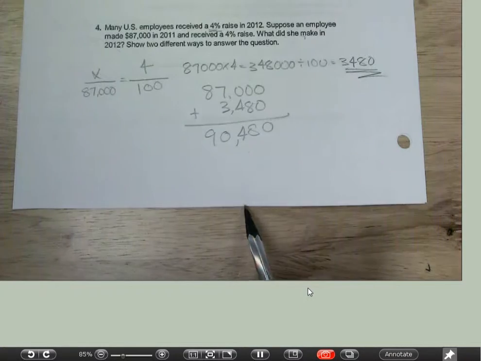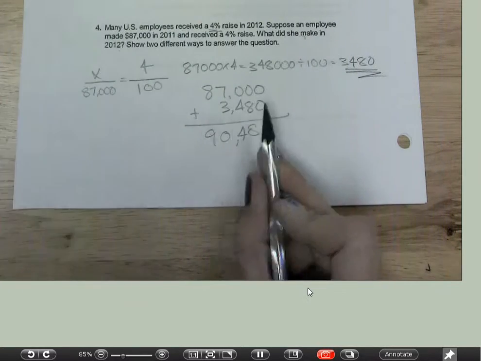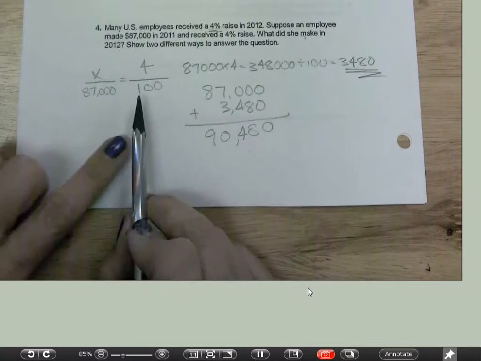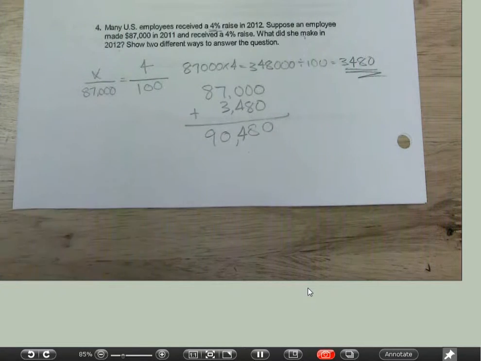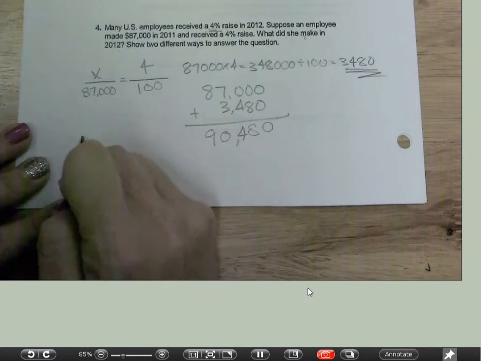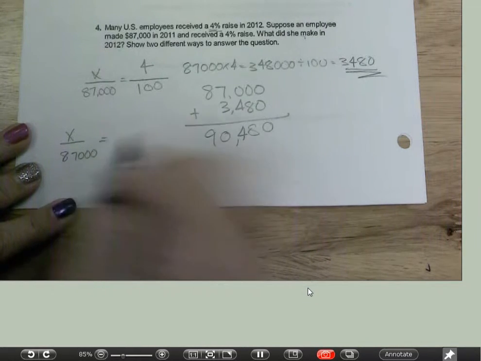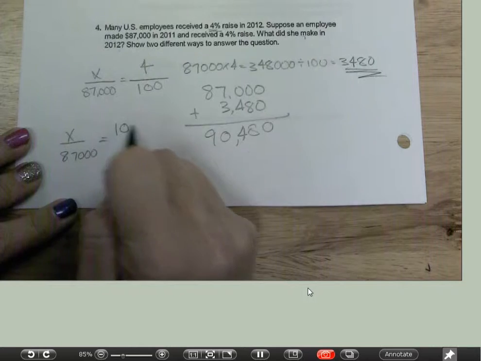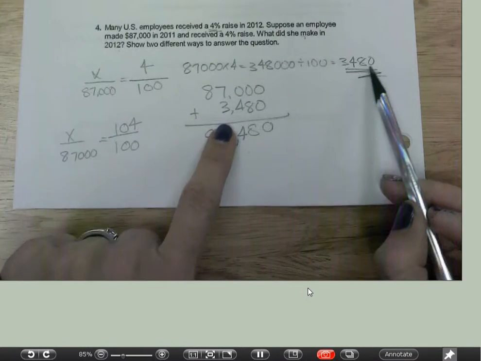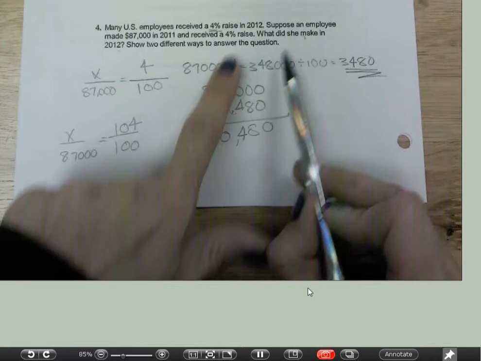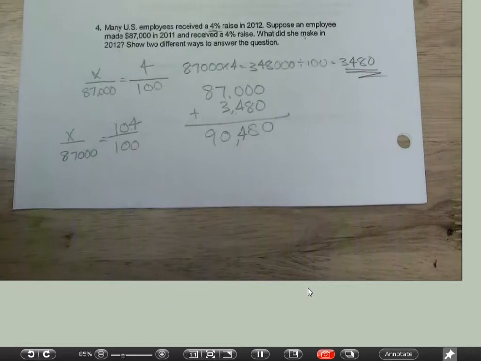90,480. Now the other way that we could have done this is we could have thought about, well, she's going to make 100% of this plus an additional 4%. So we could have done 87,000, and we want to find out 104% of that. Because back here, we added the 4% in after we found the proportion. Here, we're adding the 4% in before we find it.